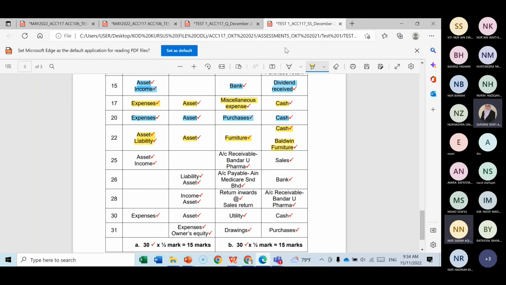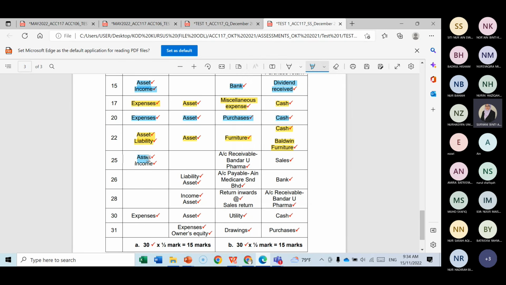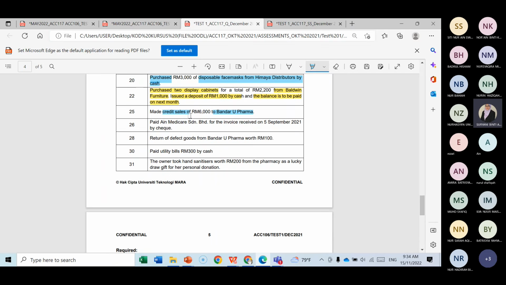Very good. Increase in revenue, or known as income, and increase in asset. So increase in income, credit sales account. Increase in asset, debit Banda U Pharma account. Move to 26th of September.